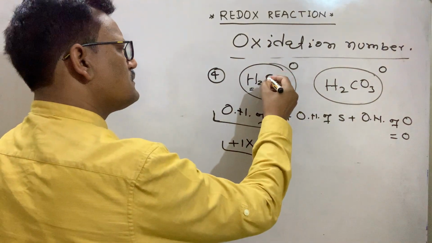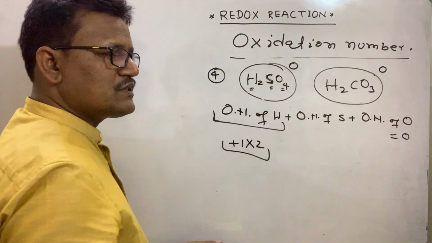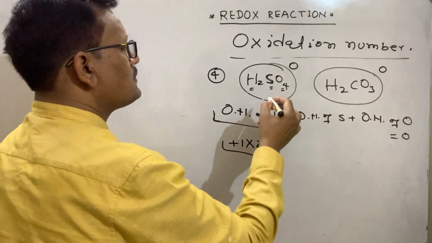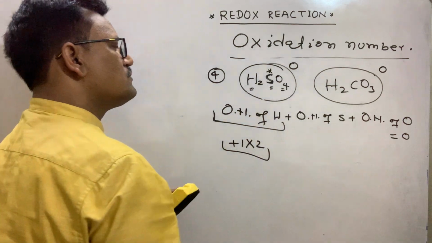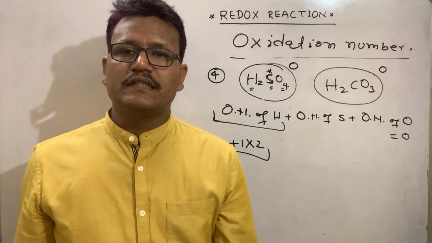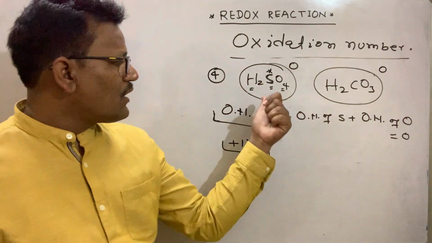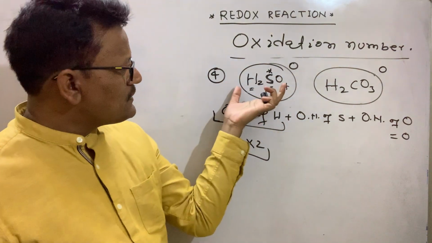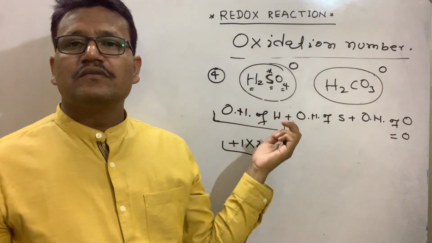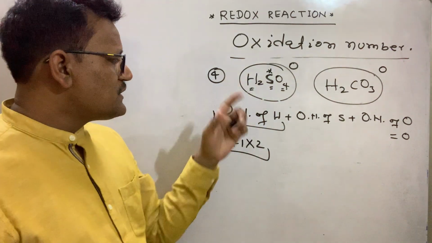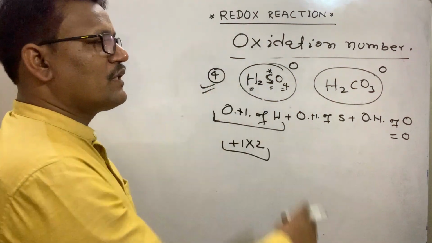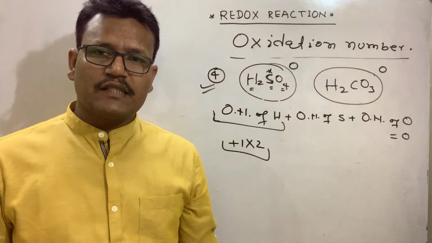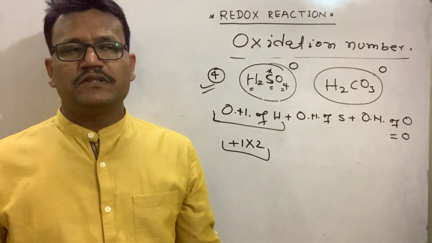And like carbon, sulfur, nitrogen, and other halogens, sulfur also shows variable oxidation state. So the oxidation state of sulfur, in this case, we have to calculate by using this point. The sum of oxidation numbers of all the atoms present in a molecule must be 0.